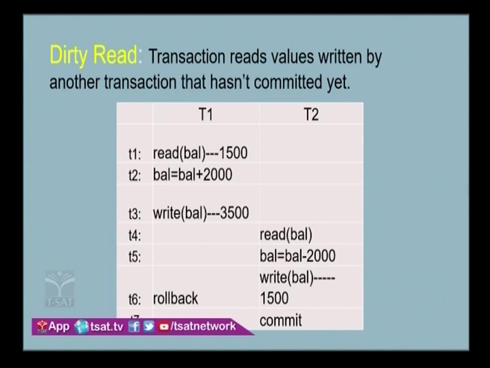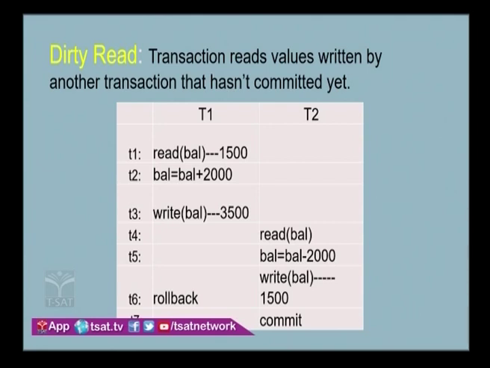It is written back to the database as 3500. Then T2 reads the balance; when it read, it was 3500. It takes 2000 from that, the balance is 1500, writes it back, and commits.